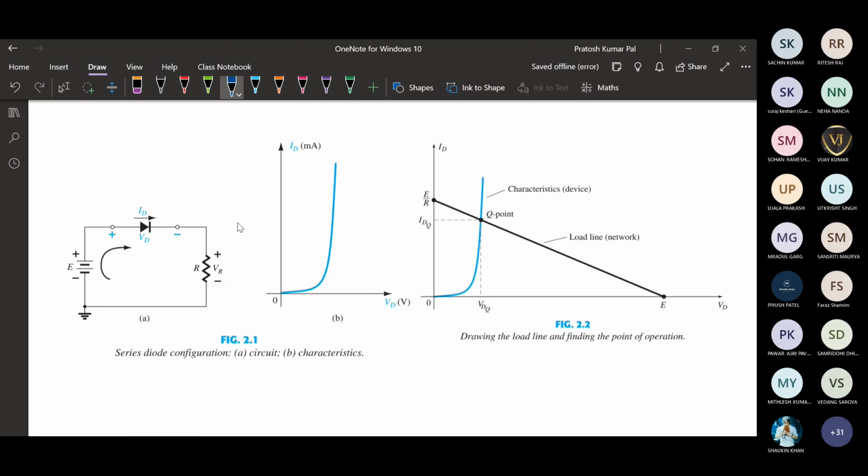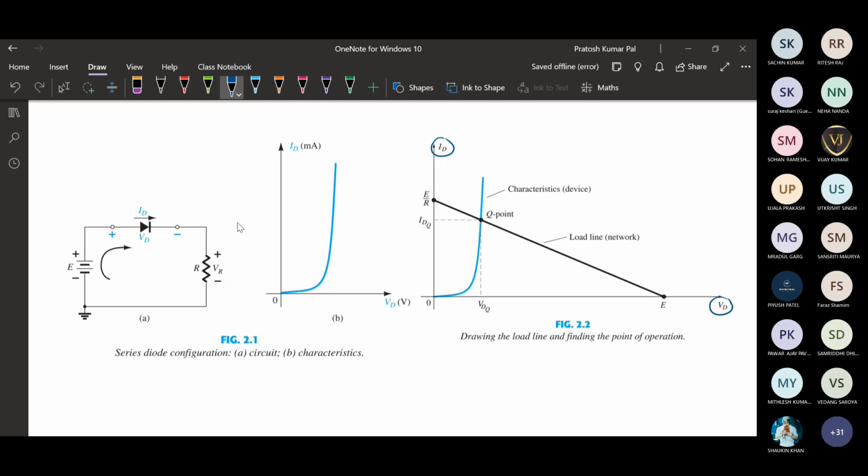If we analyze this complete circuit or network, we plot the ID and VD for this complete network. When we plot this ID and VD curve for the network, it will come out to be a straight line.